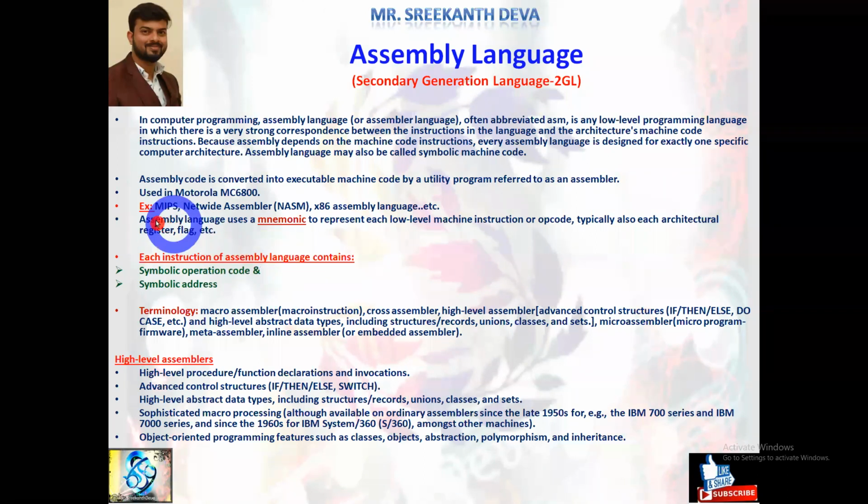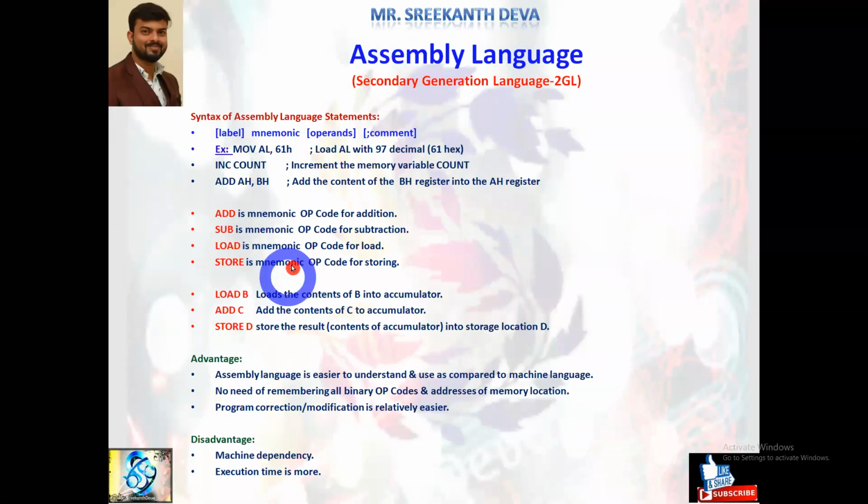The familiar assembly languages are MIPS, the Netwide Assembler NASM, and x86 assembly language. This second generation language is architecture dependent, dependent on the particular operating system architecture, also called machine dependent. It is a representation of mnemonics: add, sub, load, store, and so on.